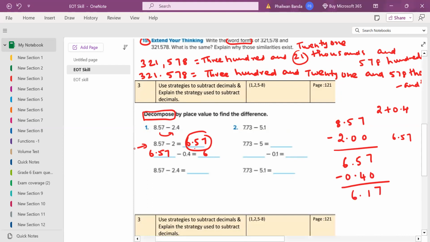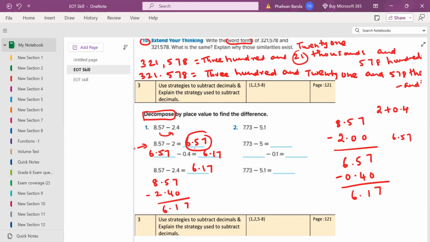So this is 6.17. Okay. So 8.57 minus 2.4 is how much? 6.17. You can even verify. How can you verify? 8.57 minus 2.40, 7, 1, 8 minus 2, 6. You can verify like this if you want.